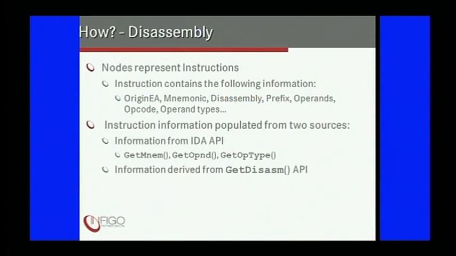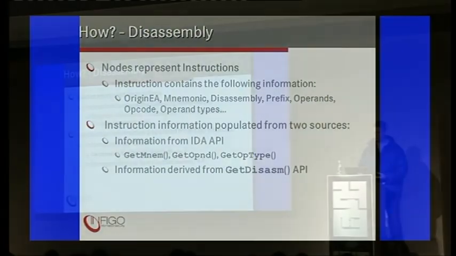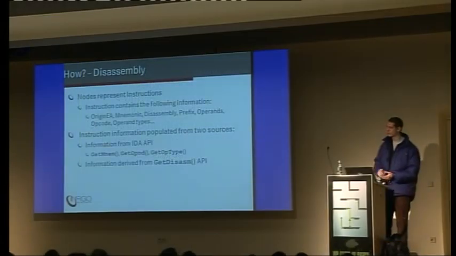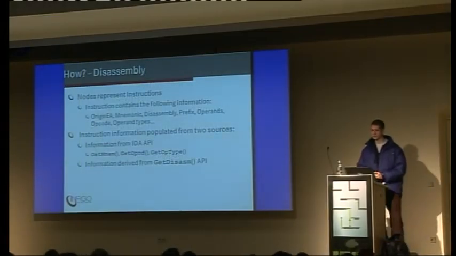Instruction information is populated from two sources. Information directly from IDA, where you can use get name, get operand type, get operand value, and build the instruction representation in memory. This has some bad side effects.